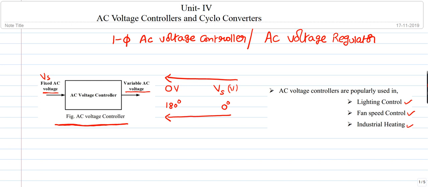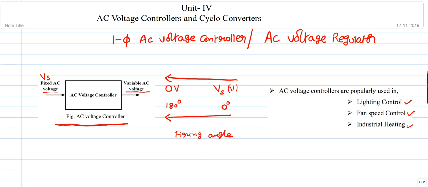So in this introduction, we can summarize that simply by changing the firing angle of the power semiconductor devices in the AC voltage controller, we can control the voltage from Vs to 0. So this concludes the introduction part.